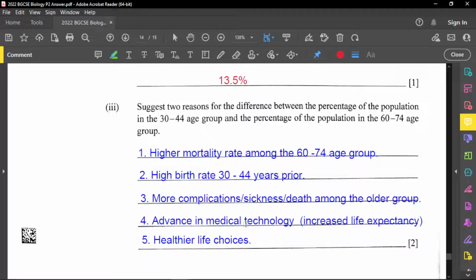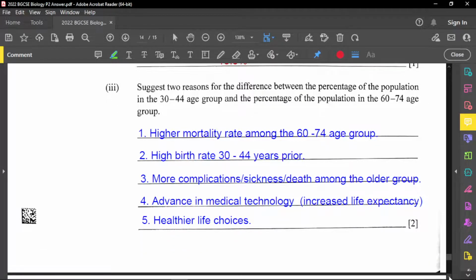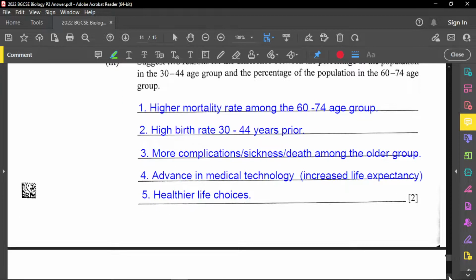When you state these things, you can also explain them. You're looking for 2, so you can just state 1 and explain, say the next one and explain, so that you get your full marks. Healthier life choices could also cause a higher population among that group, because they could be exercising more, eating more healthily, and so on, compared to the previous age group, because now they're older.